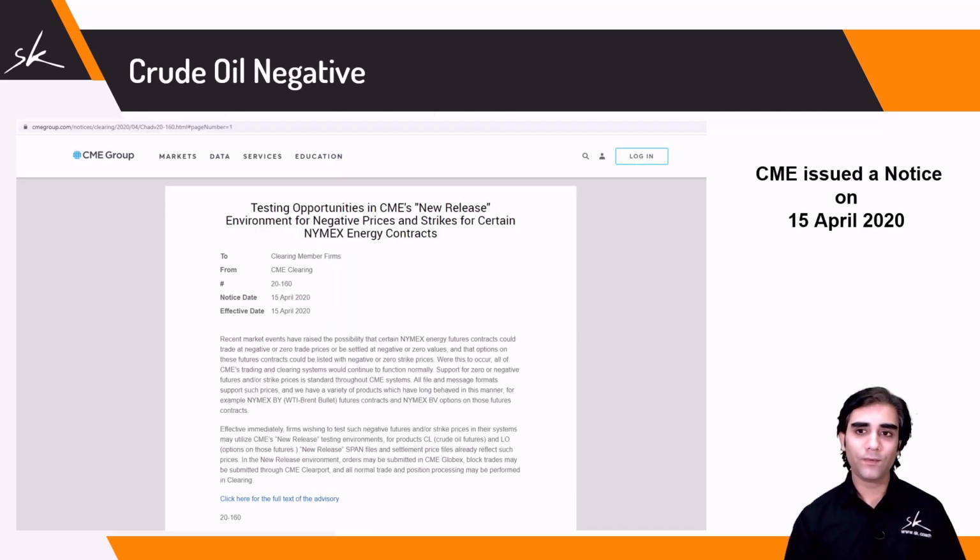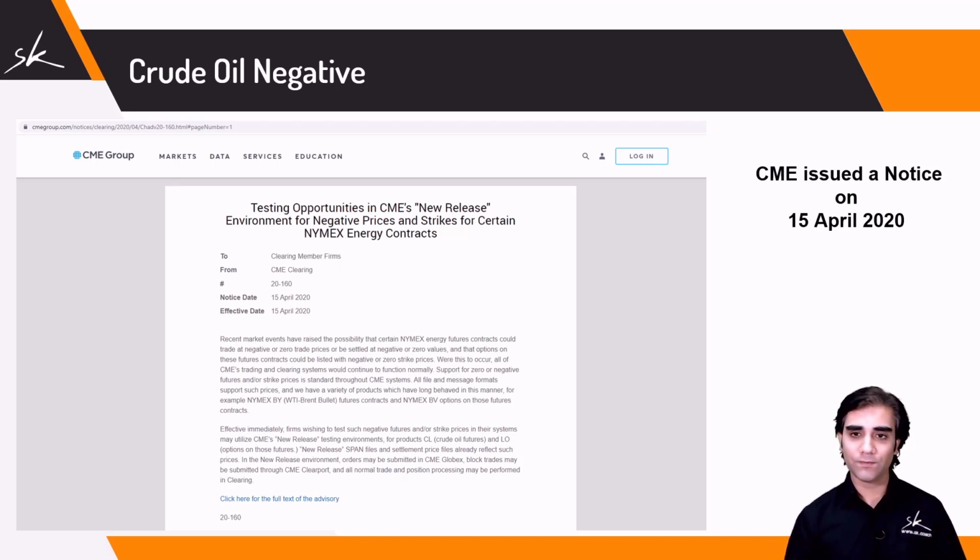But what happened on 15th of April, you can see the CME, the Chicago Mercantile Exchange, issued a notice, and that notice said that there is a possibility that certain energy futures contracts can trade at negative or zero prices. Initially the futures prices could never go to zero or negative, but they issued a notice that now the futures contracts can even trade at zero or even go to negative prices.